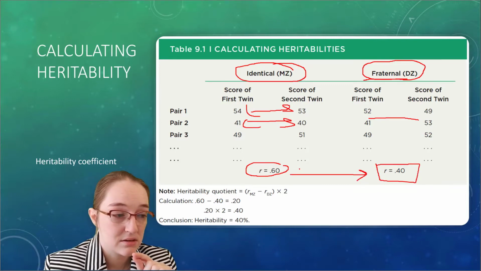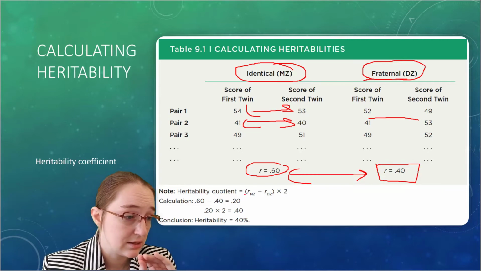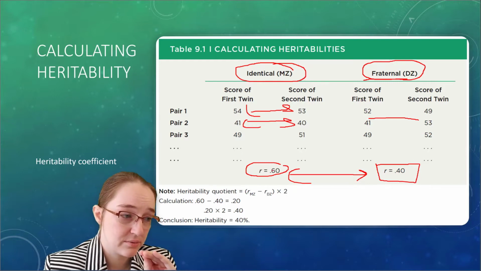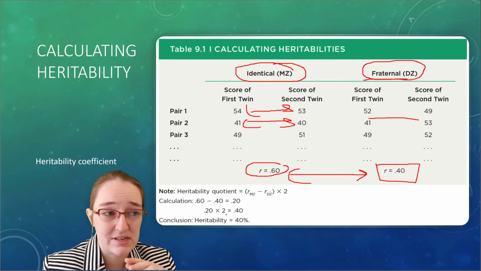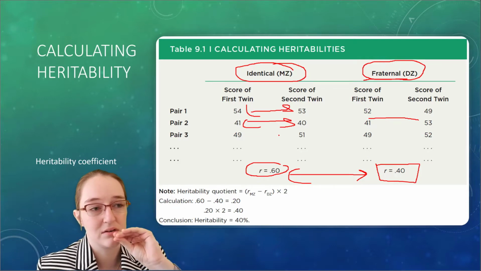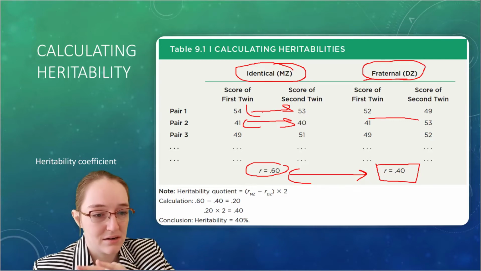And so what you do to calculate this is you take the difference. So here we got 0.6 minus 0.4, and you get 0.2. And you double that difference. The reason why you double it is it's 1 over how related they are.